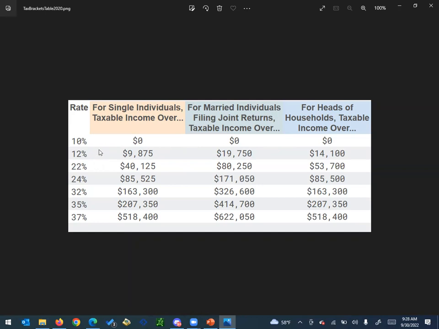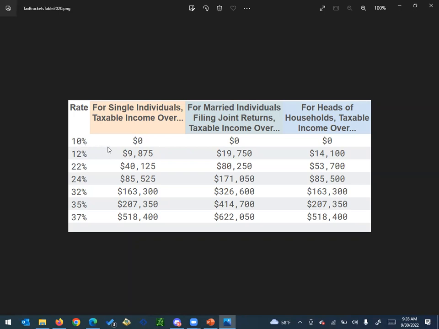It says if you have over $9,875, then you're going to be in the 12% tax bracket. We good? Anything from 0 to $9,874, you're going to pay 10%.